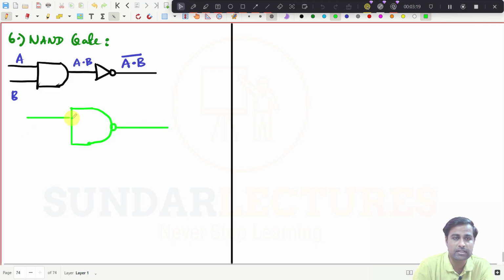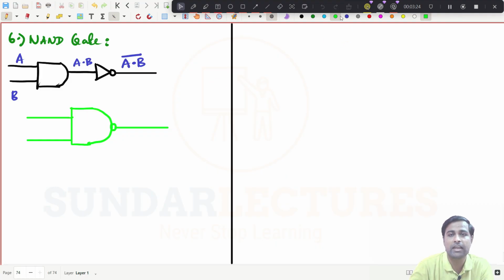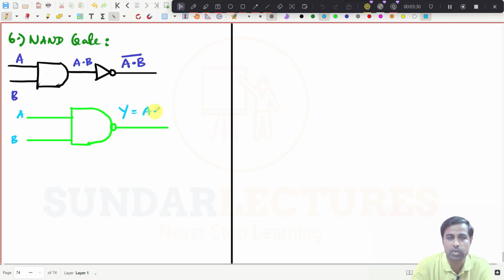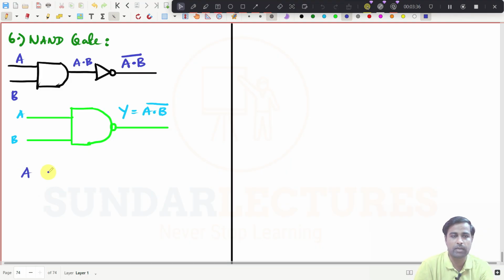This is the first input, this is the second input. This is A and this is B, and Y will be equal to A dot B the whole bar. And if I write the truth table, AB, two inputs: 00, 01, 10, 11.